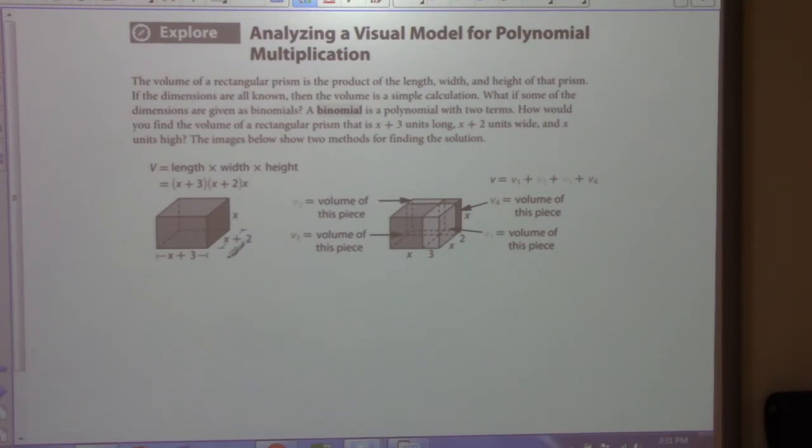Here we have a representation of a rectangular prism given by a length, and there's our length right here, by a width, and by a height. And so when we multiply all these together, we obtain a volume. Okay.